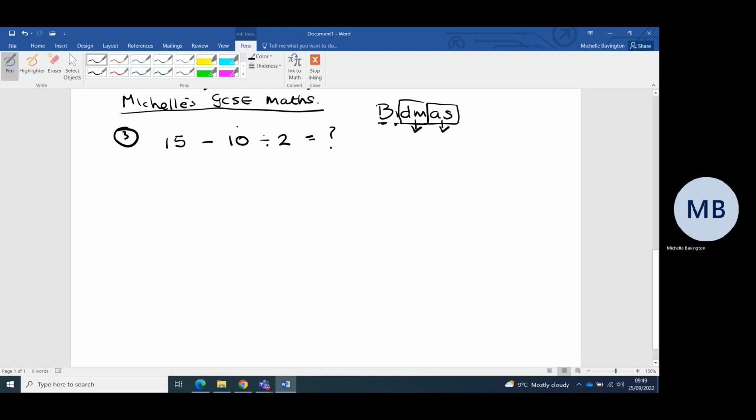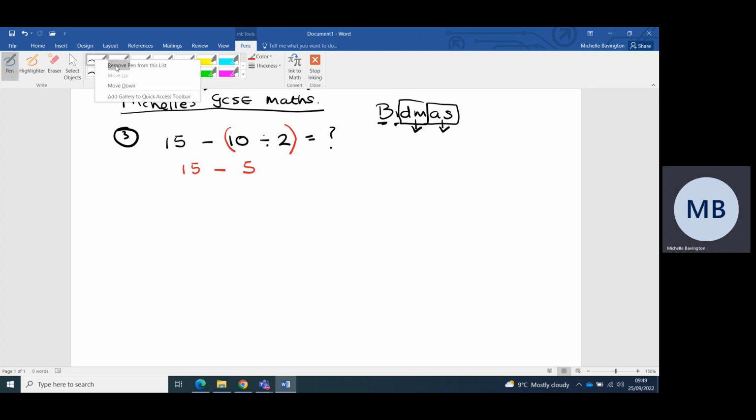So, we've got no brackets, no indices or powers, but what we have got is a divide. And the divide is here, 10 divided by 2. So I'm going to bring everything else down. 15 minus 10 divided by 2 is 5.